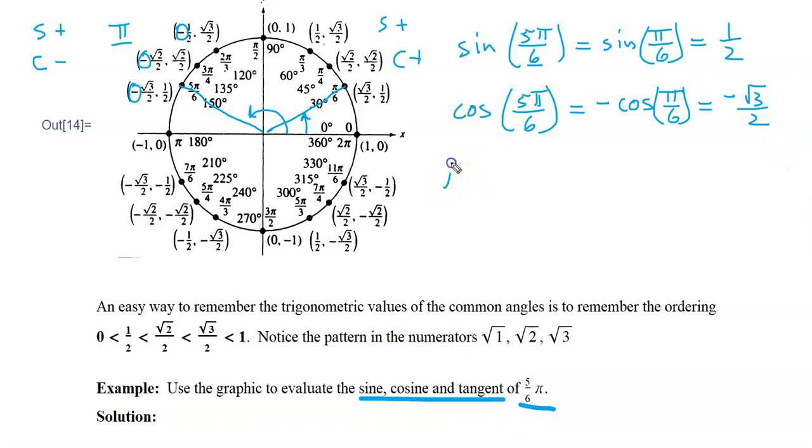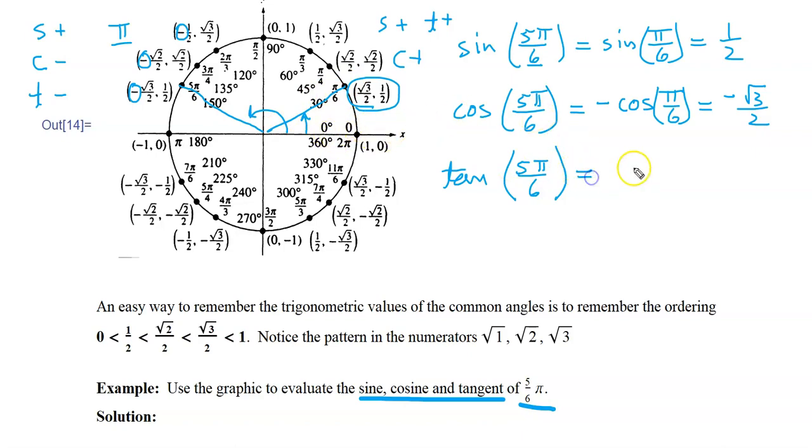And then the tangent of 5 pi over 6, well, the tangent is going to be sine over cosine, so the tangent is positive in the first quadrant, but since it's sine over cosine, it's going to be negative in the second quadrant, and the 5 pi over 6 corresponds to pi over 6 in the first quadrant.